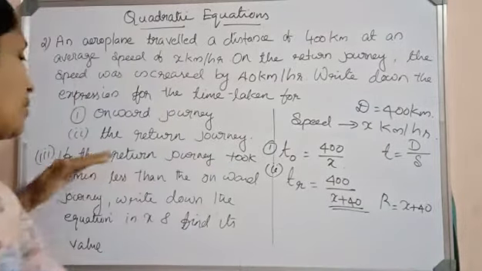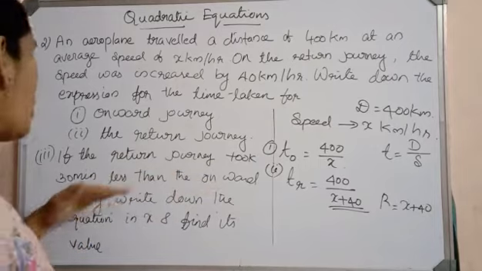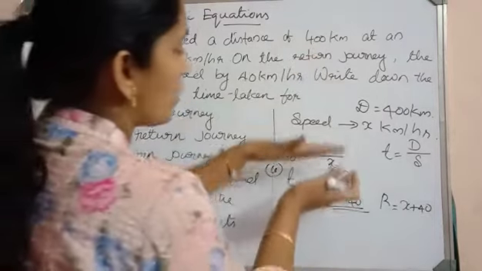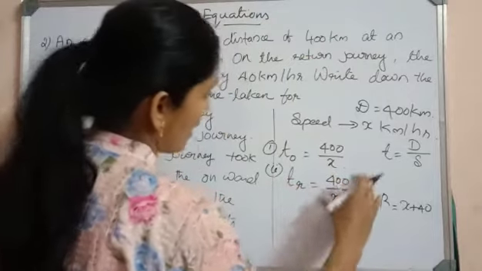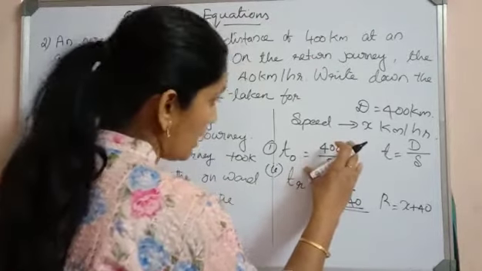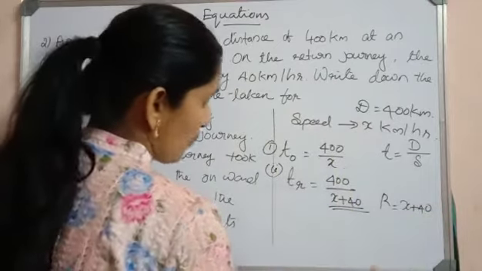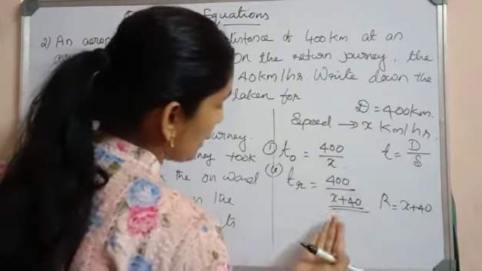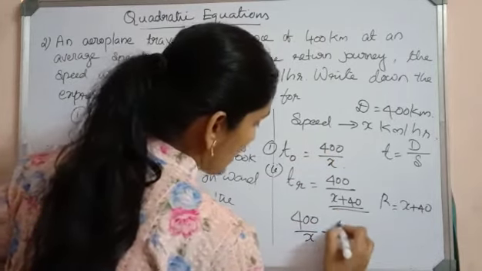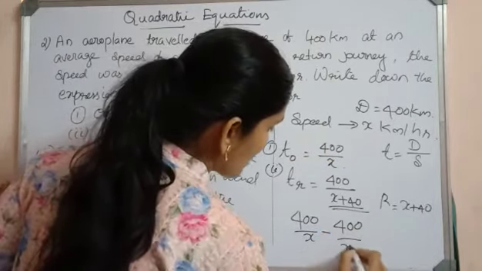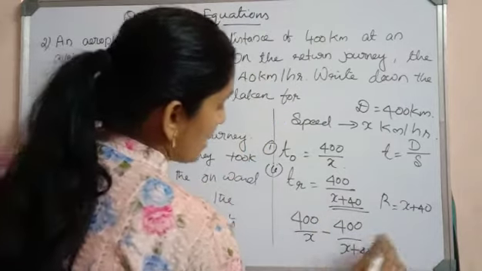Now the third part of the question is, if the return journey took 30 minutes less than the onward journey. So the difference in time is 30 minutes. We can frame an equation by using these two: 400 by x minus 400 by x plus 40 is equal to the difference between the times, 30 minutes.